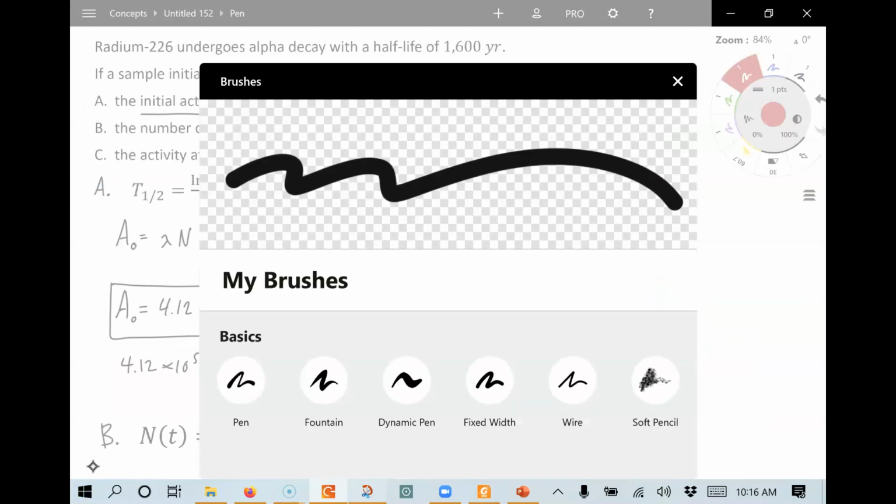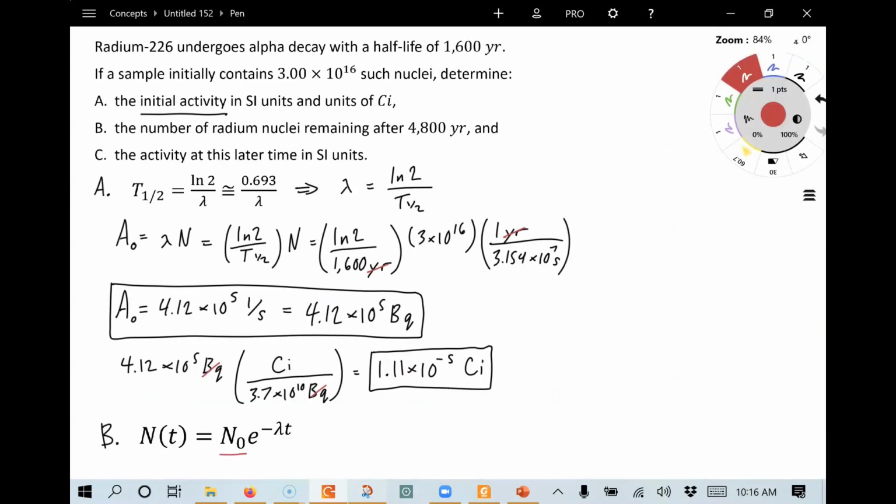So we know the initial number here. We're going to try to find N at the value when t is equal to 4,800 years. And we can calculate the decay constant if we want. However, we're given the half-life, and we know that they're related in this way. So it's better to just plug that in. So N is equal to N0 times e raised to the power negative lambda t.